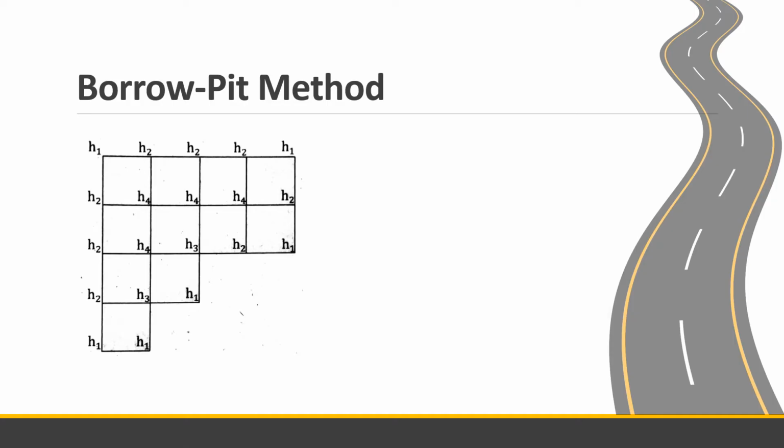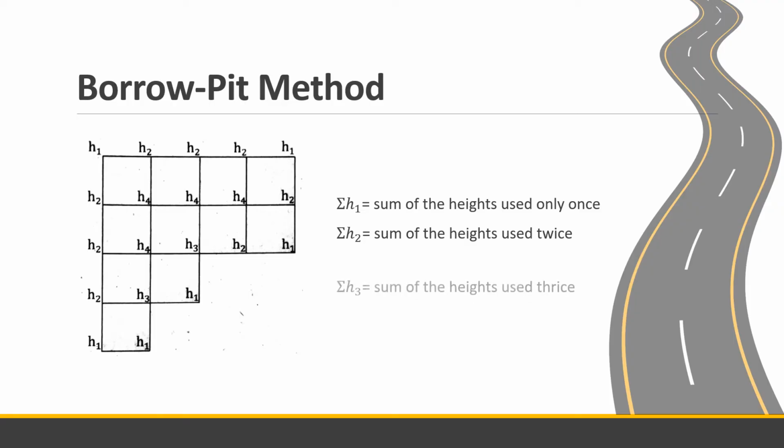So referring to this figure, summation of H1 is the sum of the heights that are used only once. So those are heights na nagamit ng once lang. That is for H1. And then summation of H2 is the sum of the heights used twice.